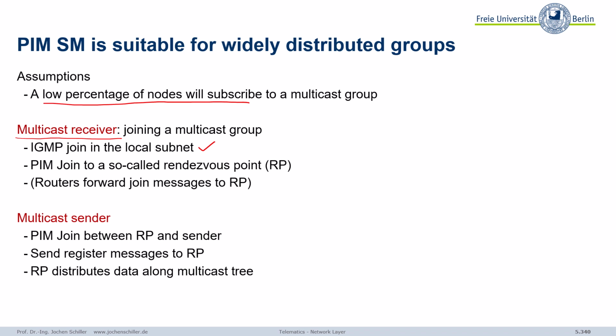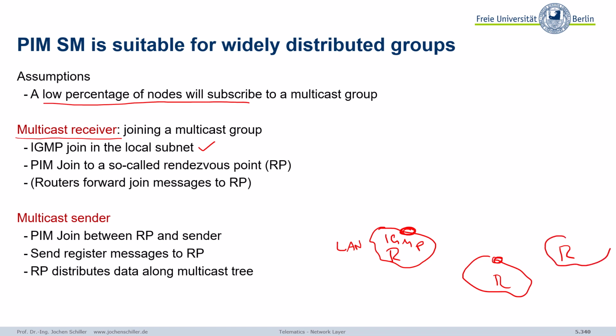So the idea is you have those receivers, many receivers, and within their local area network, we use IGMP to signal the router here, I want to participate. And this is done in all these local networks.